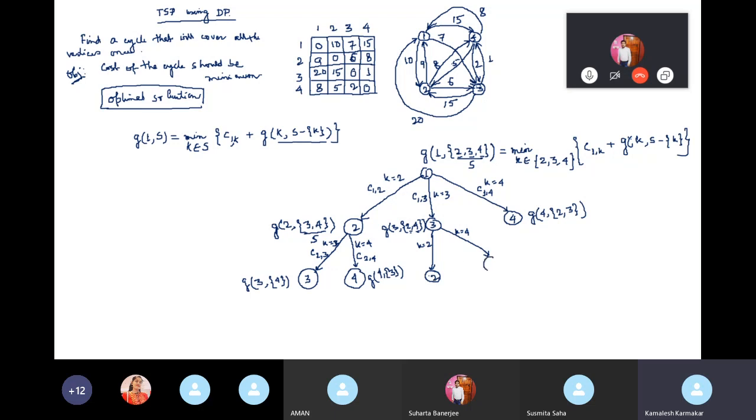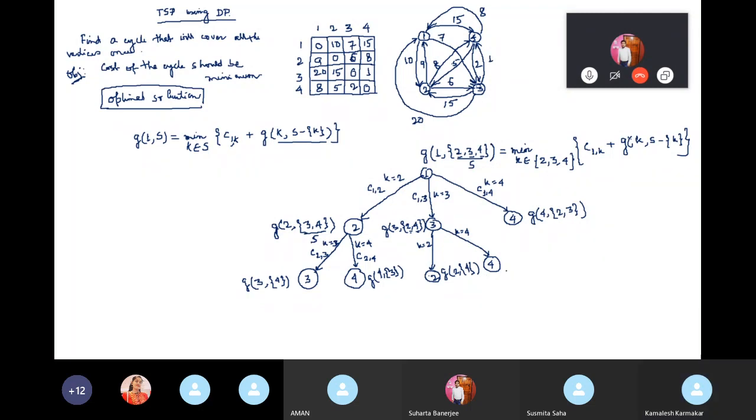Here the next vertex is 4. So we can choose any one of these vertices as the next vertex. Now if it's 2, what will be the function? G equals to, if it's 2, eliminate this 2 from S. So it contains only 4.